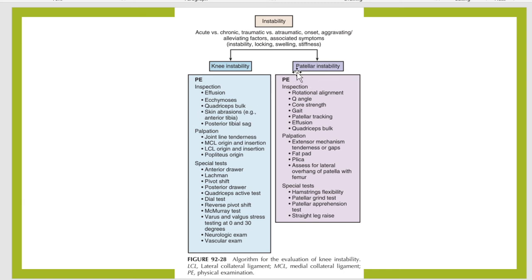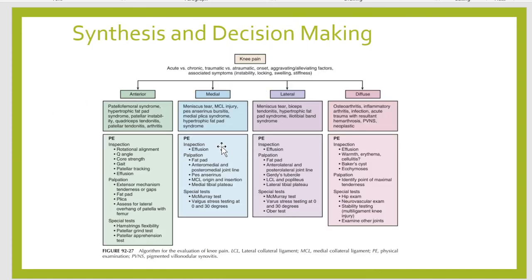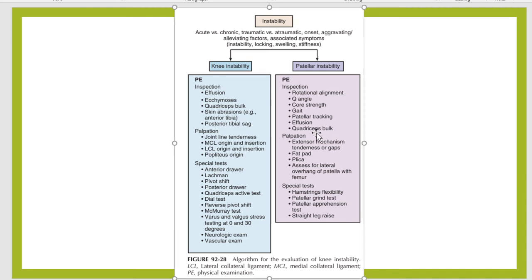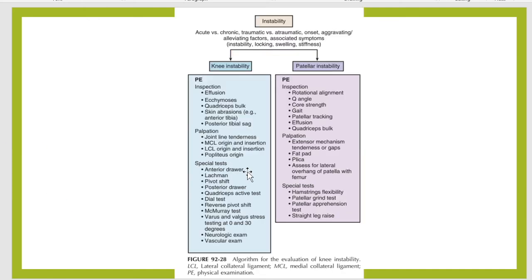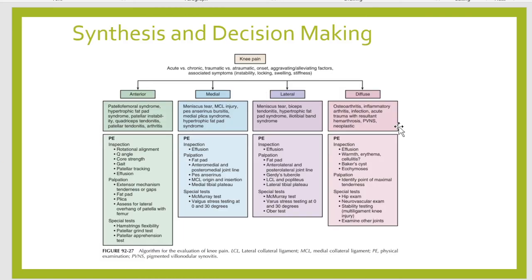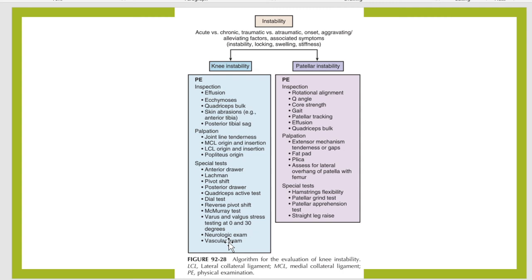Then for patellar, if you look at it, it is similar to the anterior. And this one is a combination of the three: medial, lateral, and diffuse. Look at this, there is also the hip.